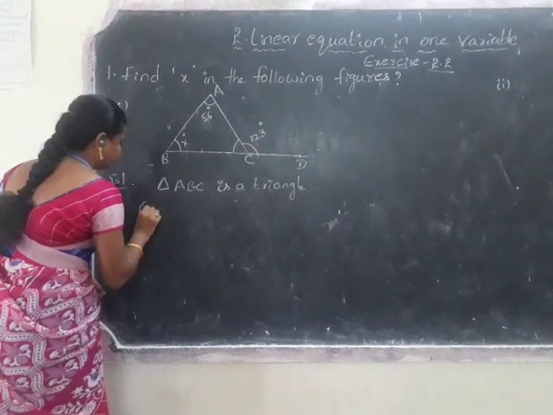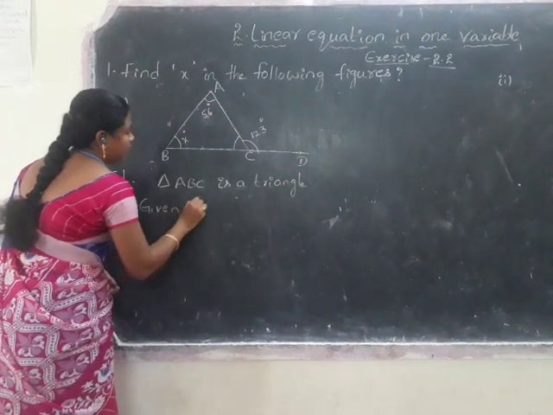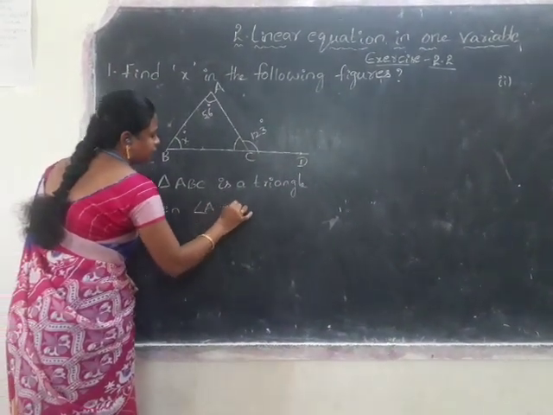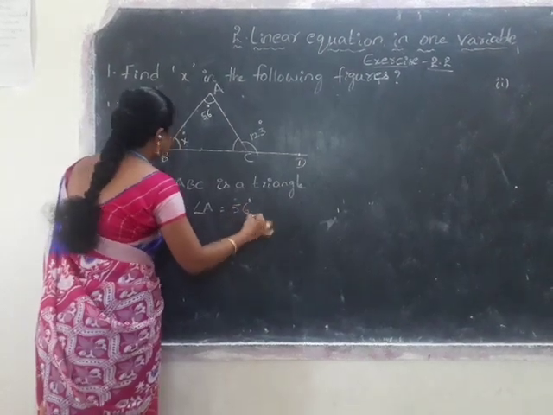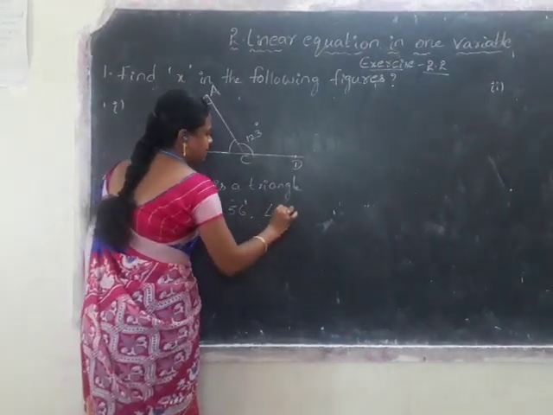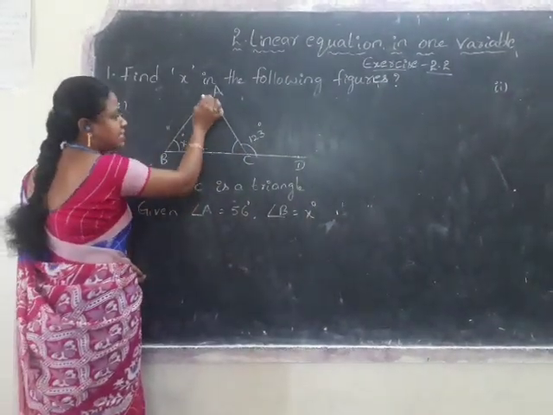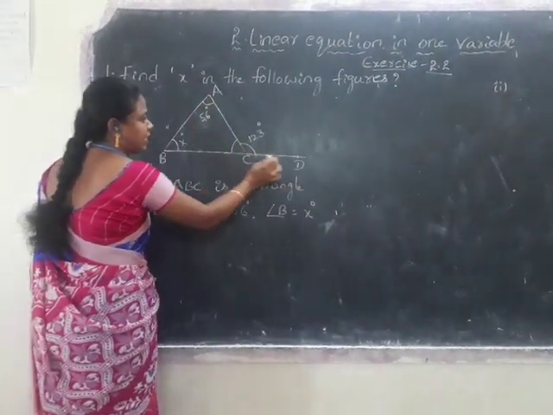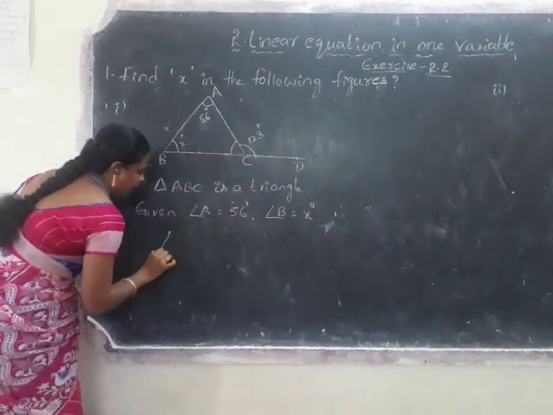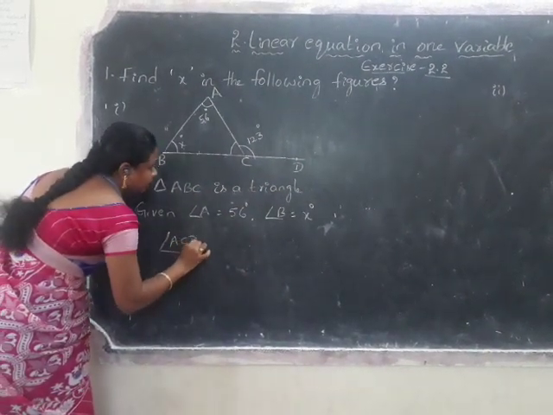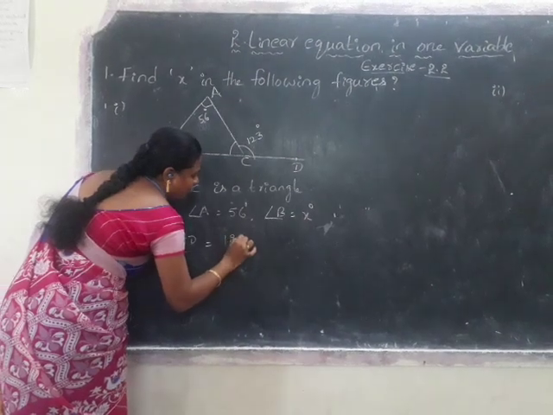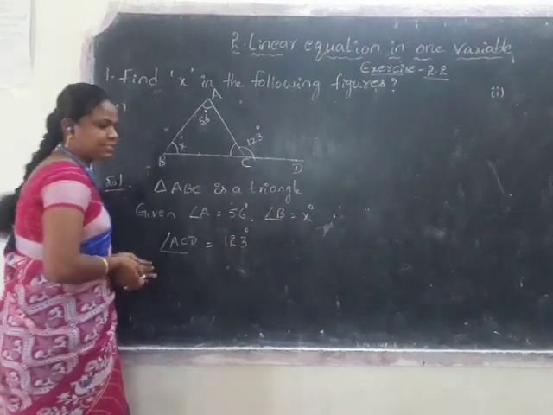Given angle A is equal to 56 degrees and angle B is equal to x degrees. Here the exterior angle ACD is equal to 123 degrees.